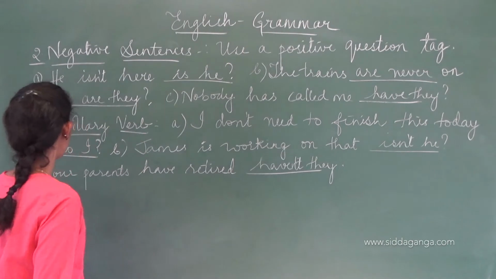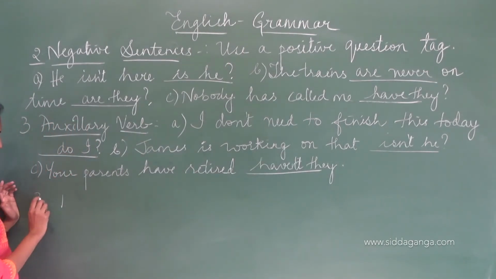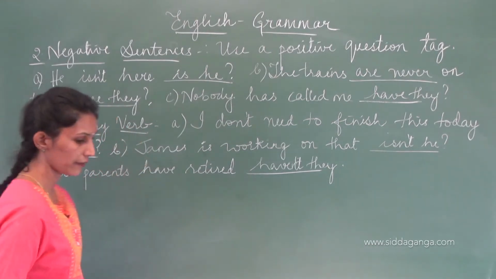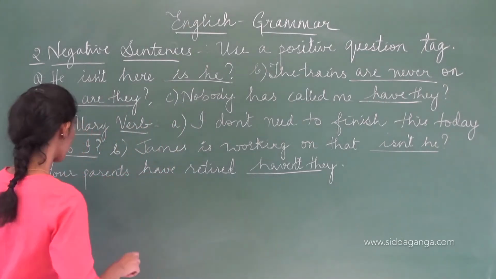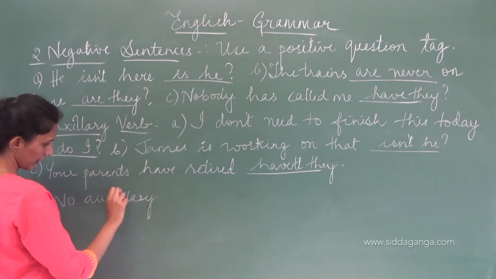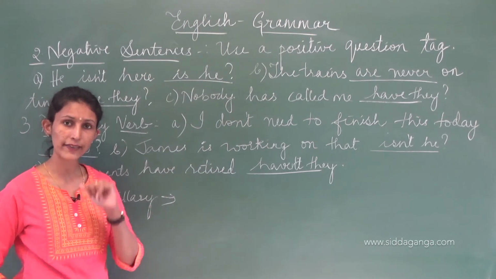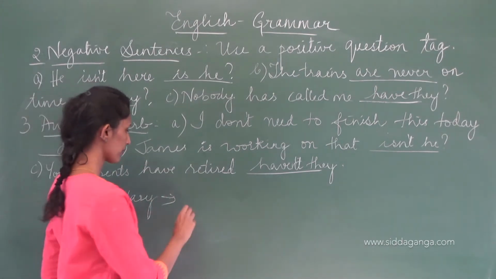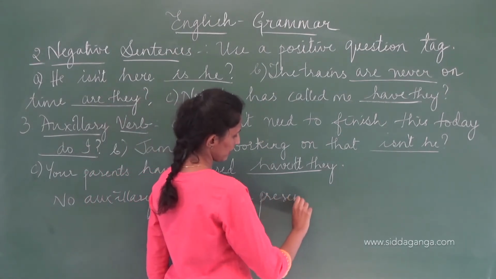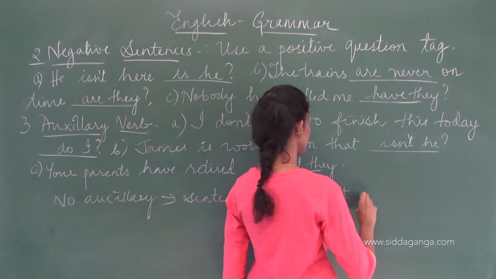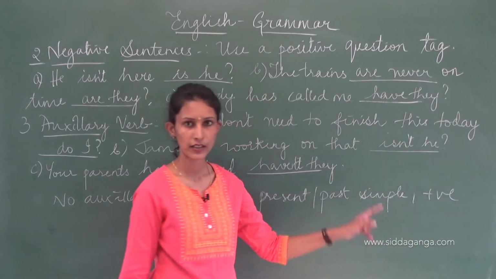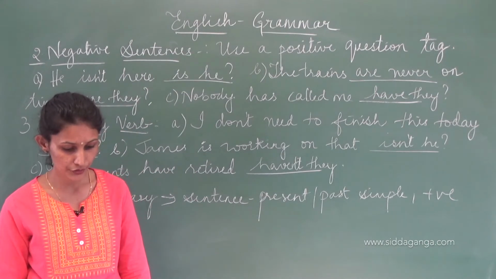Okay, now I'll write it in short form over here. The third one, under the third one itself you write, because it's coming with no auxiliary. I'll write it in a short way so that you understand. So no auxiliary. If there is no auxiliary and the sentence is in present or past simple, and if the sentence is positive, what do you use?